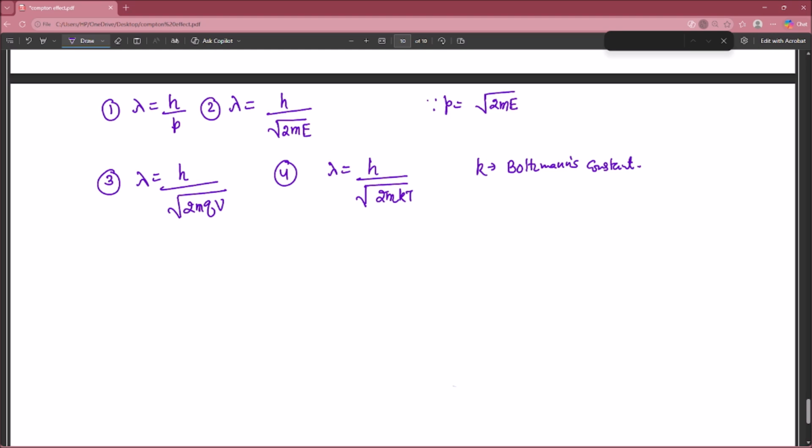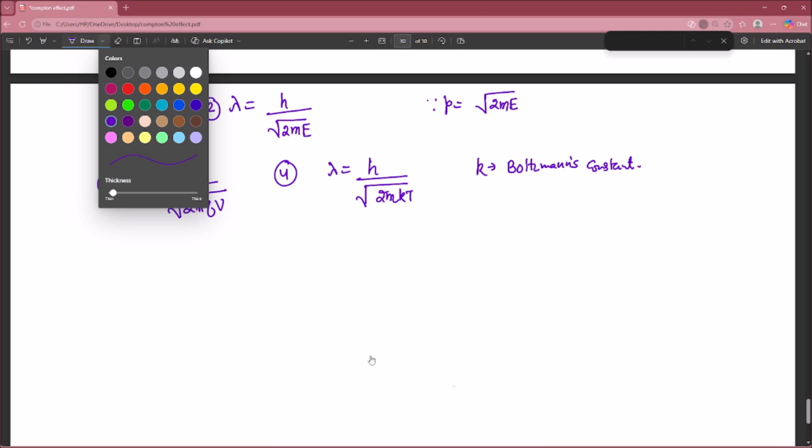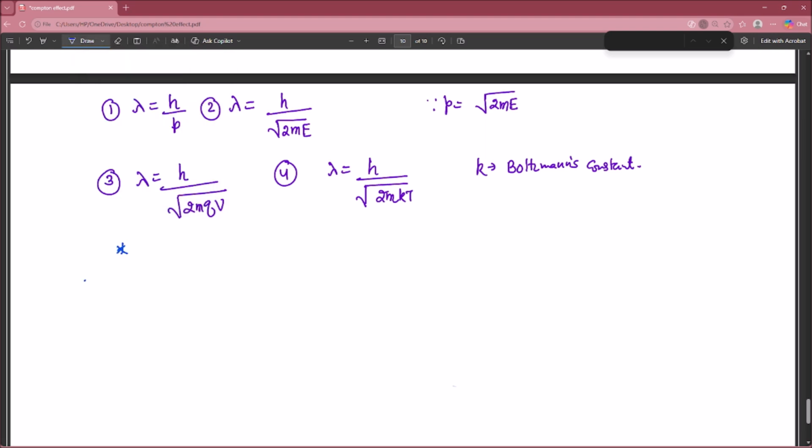Okay. Now we will use the relativistic condition. In the relativistic case, we have the relation E is equal to p square c square plus m naught square c to the power 4, where m naught is the rest mass of the particle.